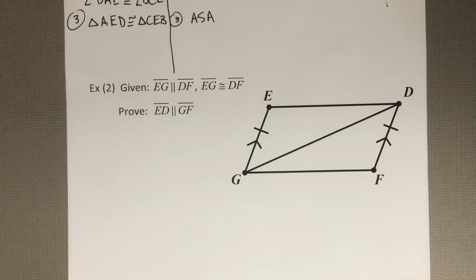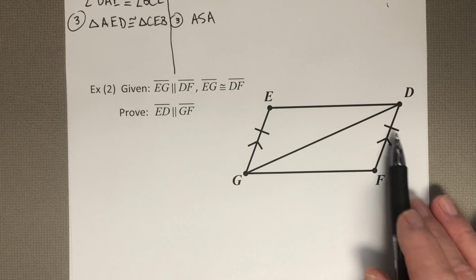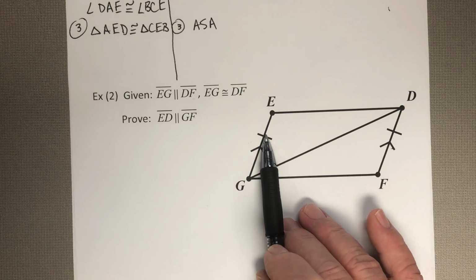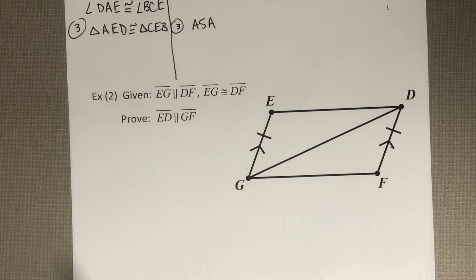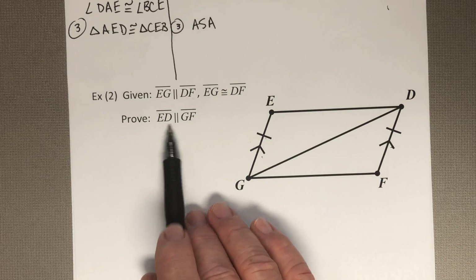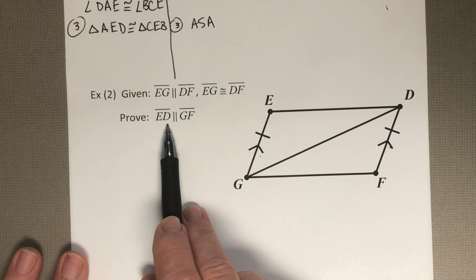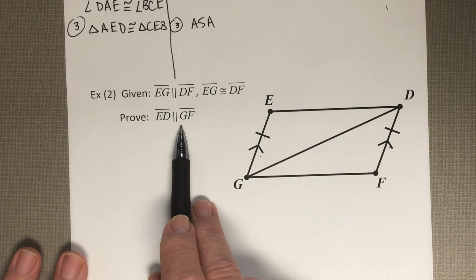In number 2, you're given that segment EG is parallel to segment DF. You're also given that segment EG is congruent to segment DF. And you're asked to prove that line segment ED is parallel to line segment GF.